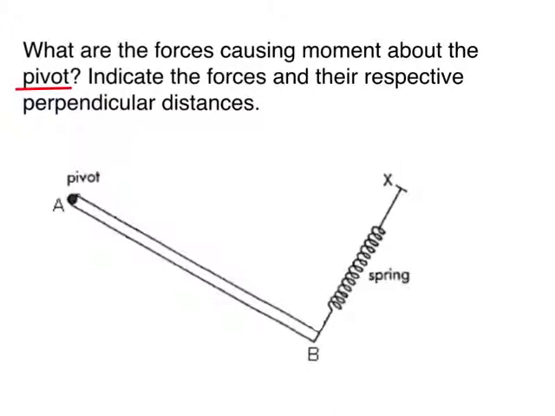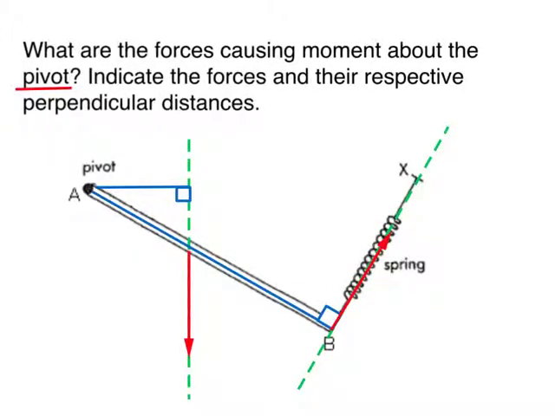What are the forces causing moment about a pivot? Indicate the forces and their respective perpendicular distances. Think about it. There must be one at the CG of this rod, which is the weight, downward, and the other one provided by the spring, the tension on the rod in this direction.